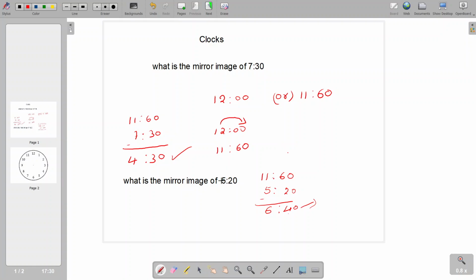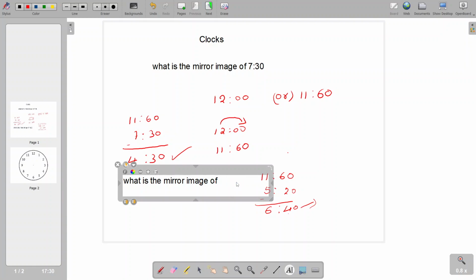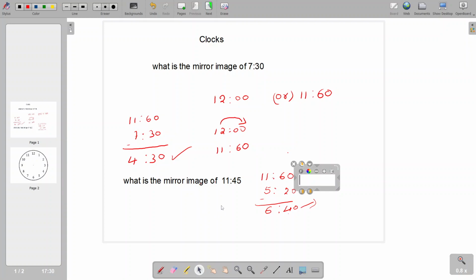Instead of 5:20, if they give, what is the mirror image of 11:45? How will you find this? We need to subtract from 11:60.